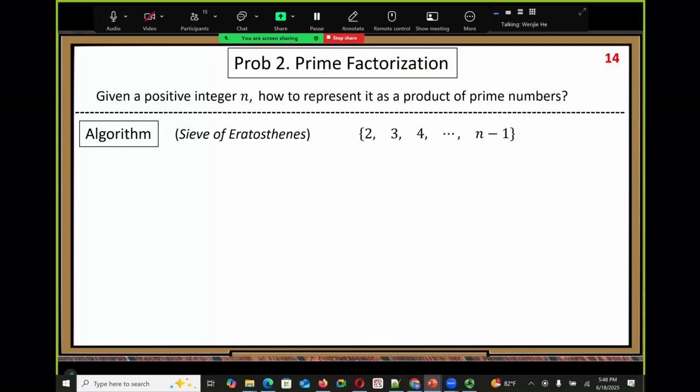Now we need to work on the details: how to list all the composite numbers in this range using some simple way.